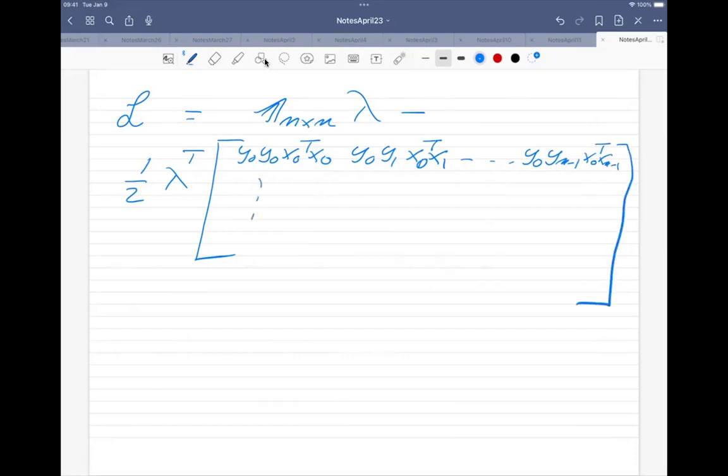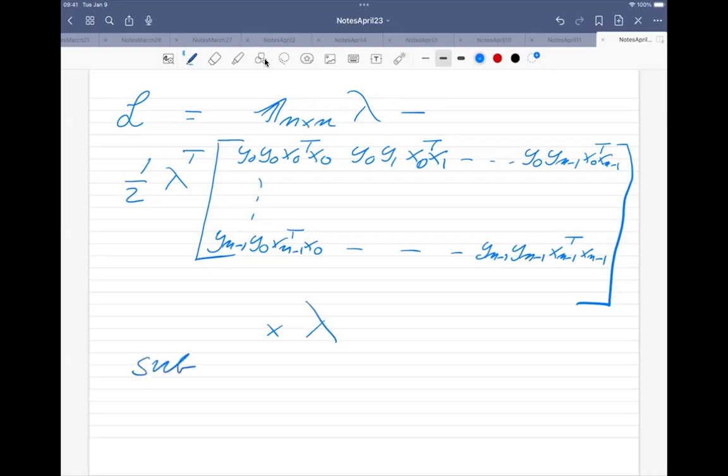And this continues down to y n minus 1, y0, x n minus 1 transpose times x0, and all the way down to y n minus 1, y n minus 1, and then x n minus 1 transpose times x n minus 1. And this is multiplied with the vector lambda.